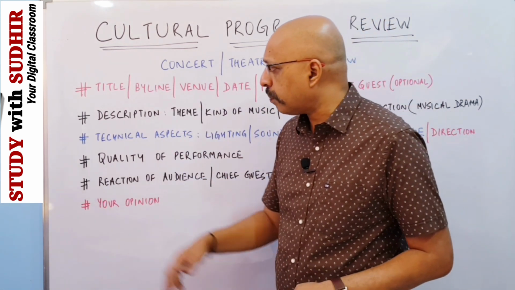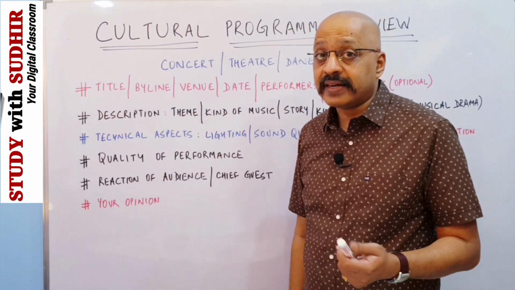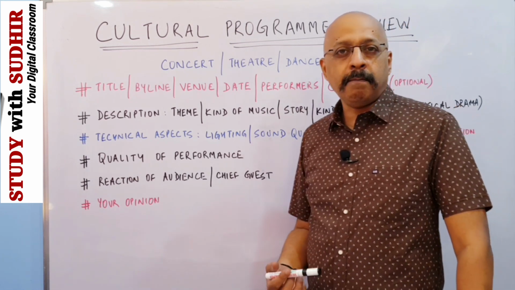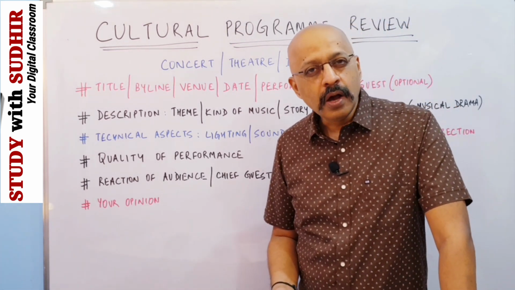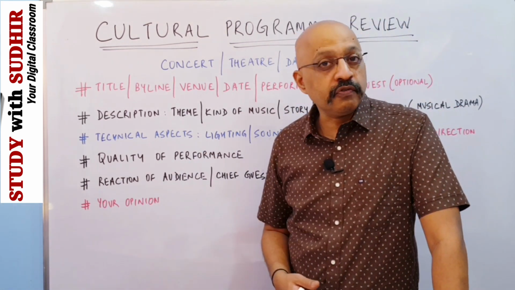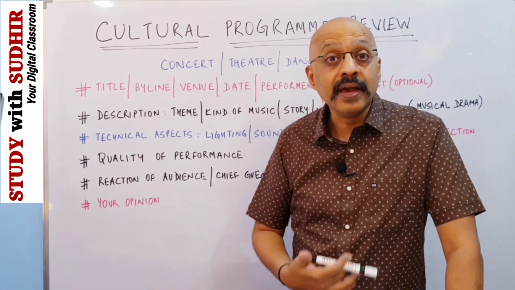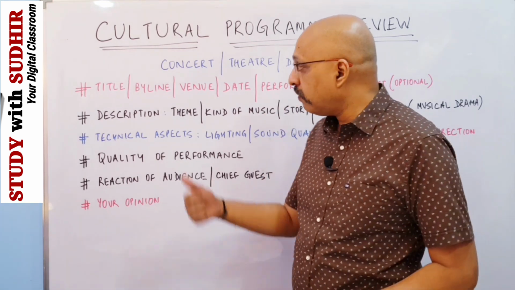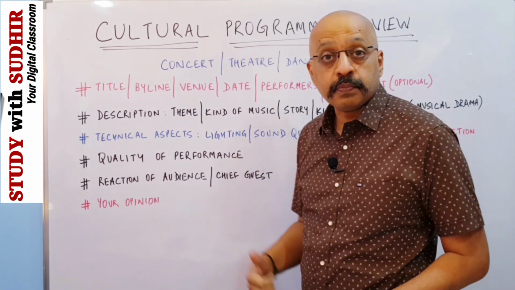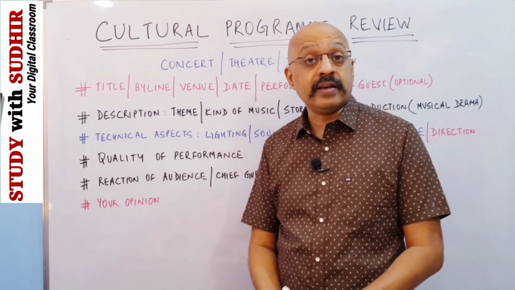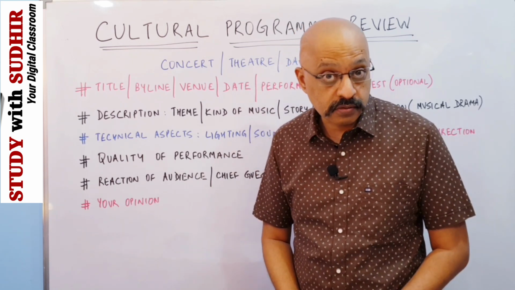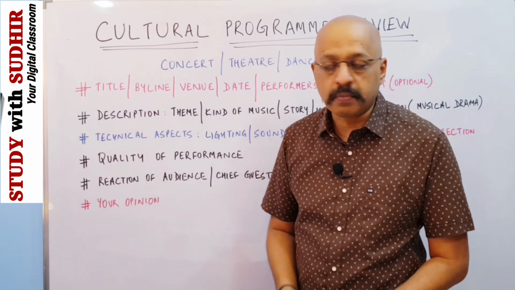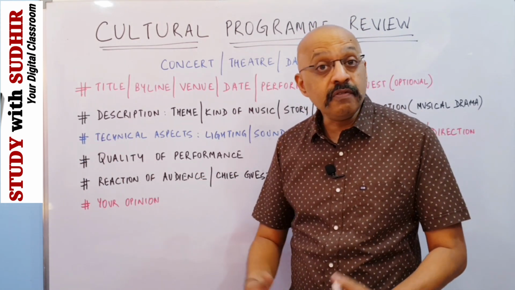Now when we come to the format, first is the title, and when I say the title, it means the headline of the cultural program. If you write something very bland and boring and dull, who is going to read the rest of the cultural review that you have written? So your title has to be catchy, and generally the kind of adjectives that we use when we are talking about a concert, a theatre performance or a dance program are things like a mesmerizing performance, or an enchanting show put up by XYZ drama company, or an evening to remember.